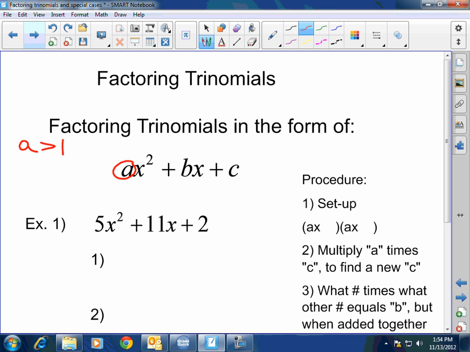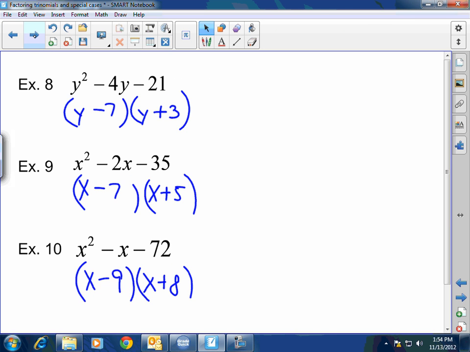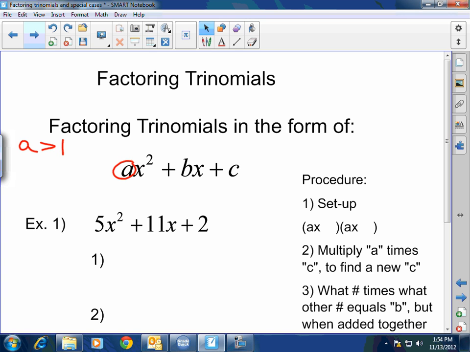Not equal to 1, because if it's equal to 1, then we have this format, right? Remember we already saw these. But now we have ax squared, so a is greater than 1. So we're going to learn it just like the last time. We're going to go through the procedures one by one with an example. And the first one we're going to factor is 5x squared plus 11x plus 2.